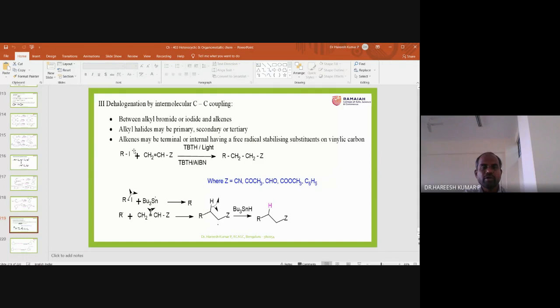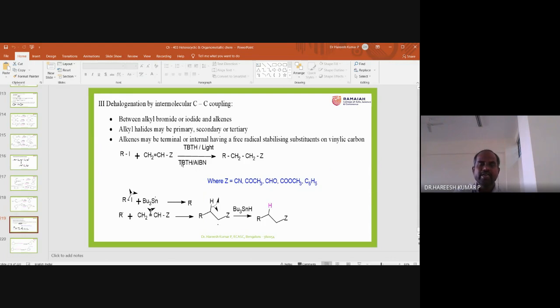Iodide is going out, but this R is forming a bond with this carbon. That's what the product is obtained. If you want to look into how this product is obtained, you know that here the TBTH means tributyl tin hydride.